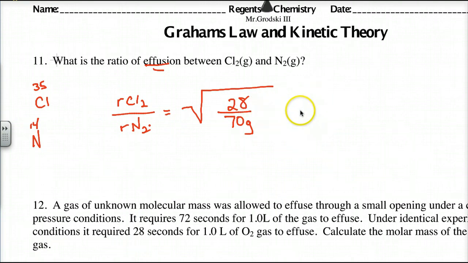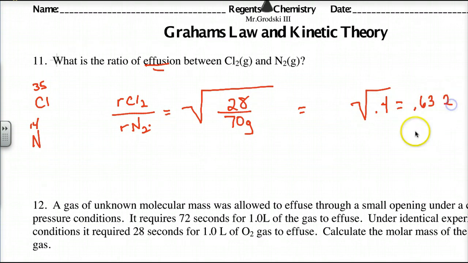Okay, so when we do the math, I get the square root of 0.4. I just found that number and do the square root key, no problem there. And I get 0.632. What does that mean?